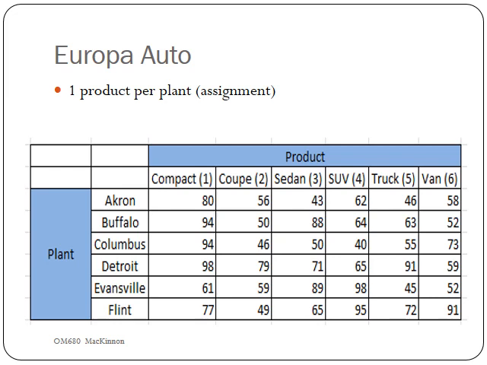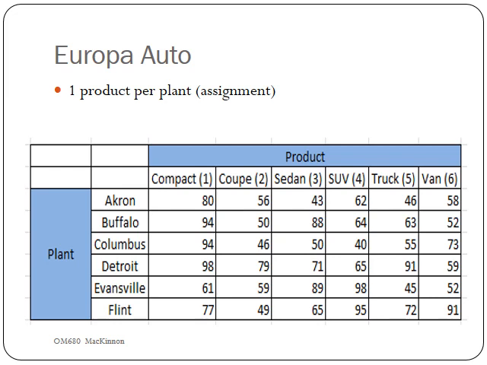So here we have Europa Auto, and they have 6 plants and 6 products, and they want to decide which products to build at which plants. The constraint is that there is only one product per plant.